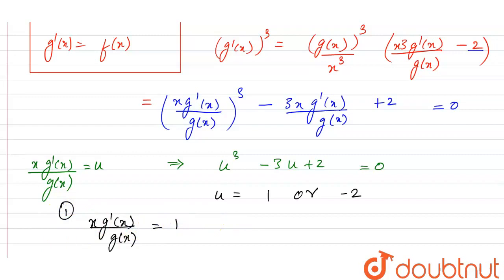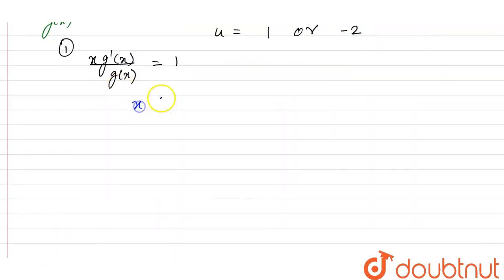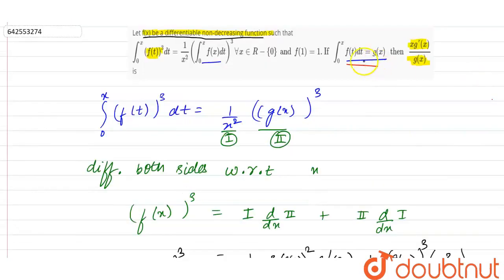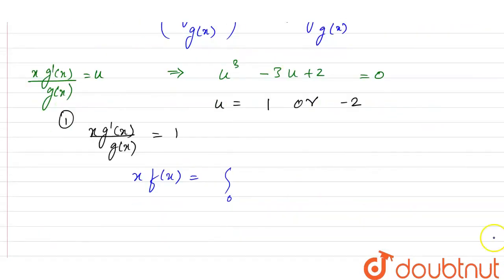Here x·f(x) equals g(x), and g(x) is the integral from 0 to x of f(t) dt.